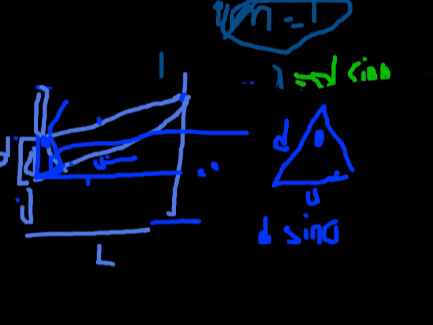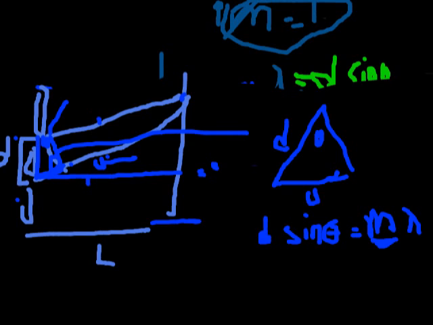Okay, so this is where the equation comes from, d sine theta. So d sine theta equals the path length difference, where m is the order, like the order of wavelength, the number of whole wavelengths it differs by for constructive interference.